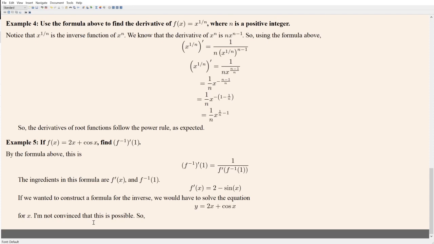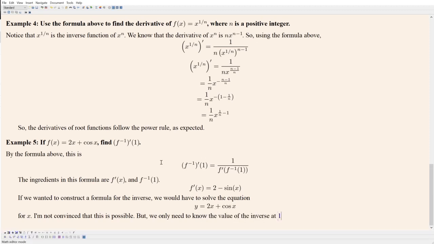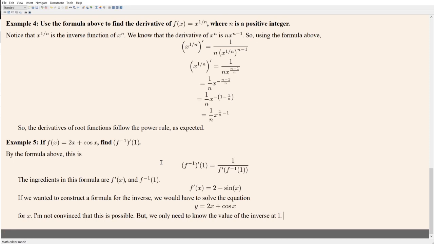However, this is overkill, right? For the actual question that we're asking, we don't need to know the whole inverse. We only need to know the value of the inverse at 1. So all we need to do is guess the solution to the following equation.